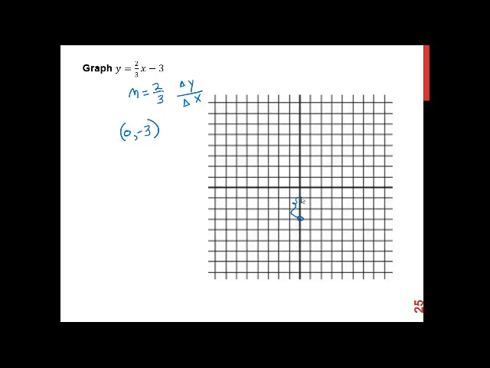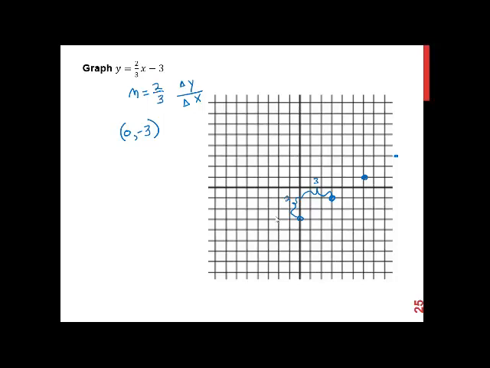I'm going to go up 2, and my run will be to go over 3. And that will give me another point on the line. I can do that as many times as I want. Up 2 over 3.